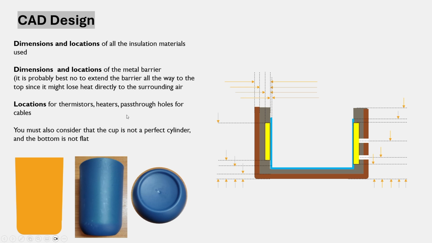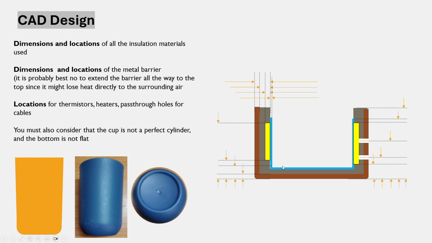Then you need to show the dimensions and locations of the metal barrier. If you look at the constraints, the barrier is a physical barrier such that your cup doesn't directly touch the thermistor and doesn't directly touch the heater. As long as you cover those 2 things, the barrier is good.